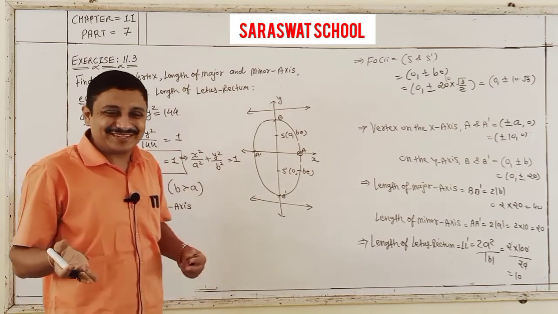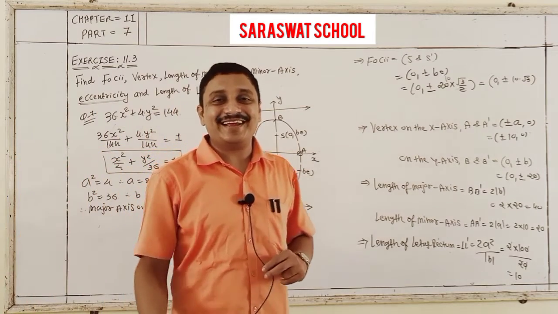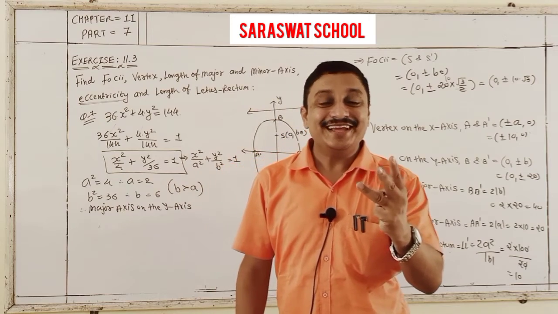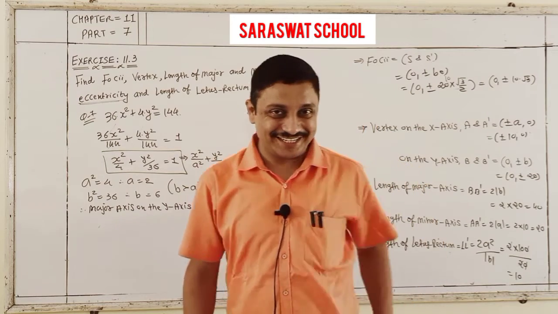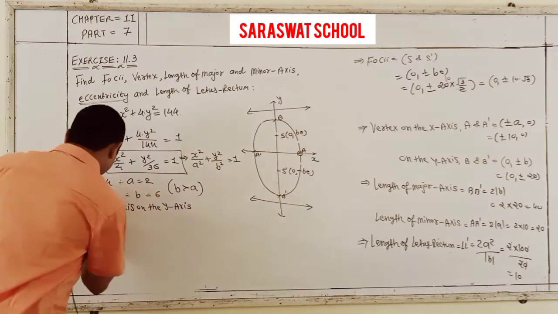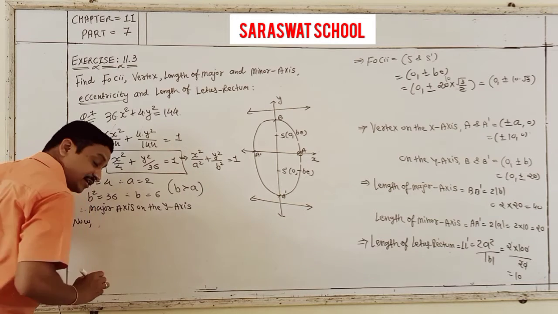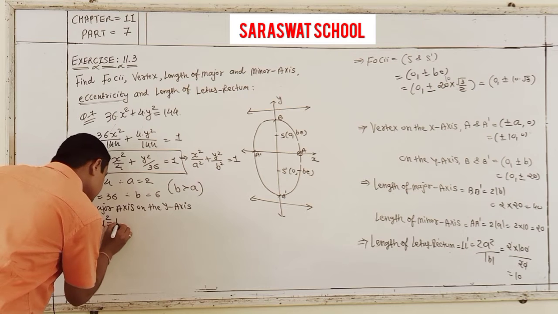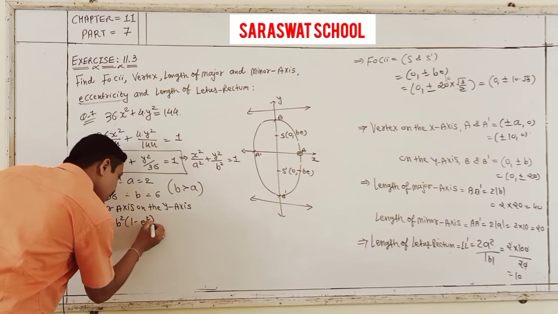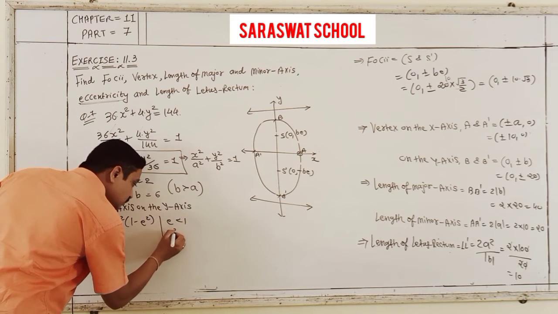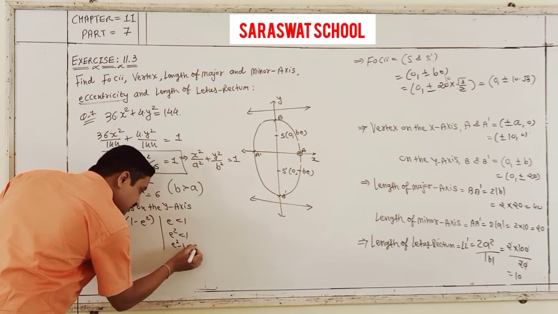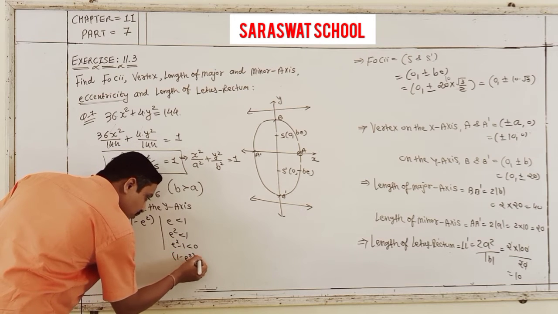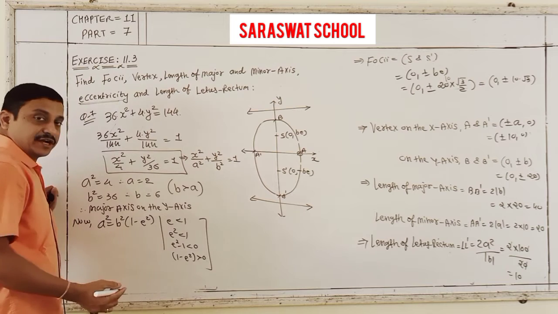Very simple, students. Now you decide according to point number 3: find out the eccentricity. This formula you must use, students. A square is equal to b square into 1 minus e square, e less than 1, e square minus 1 less than 0, 1 minus e square greater than 0.